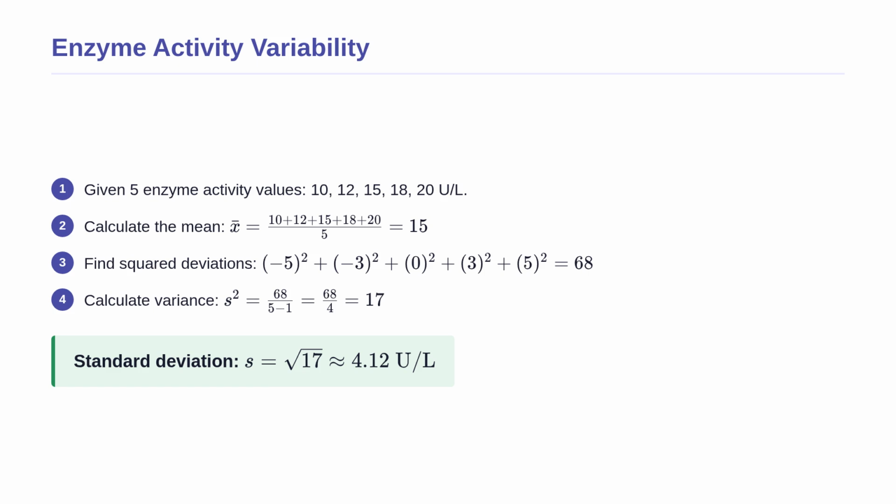Next, we subtract this mean from each data point and square the results to get our squared deviations, which sum to 68. We then divide this sum by n minus 1, which is 4, giving a variance of 17. Finally, we take the square root of 17 to find our standard deviation. The final answer is approximately 4.12 units per liter, meaning the enzyme activity typically deviates from the mean by this amount.